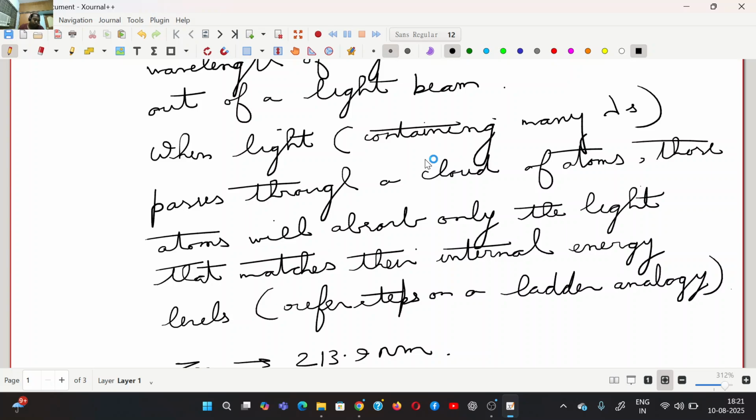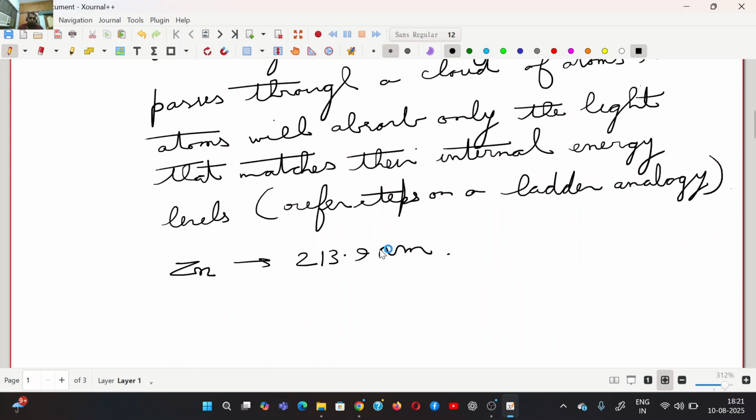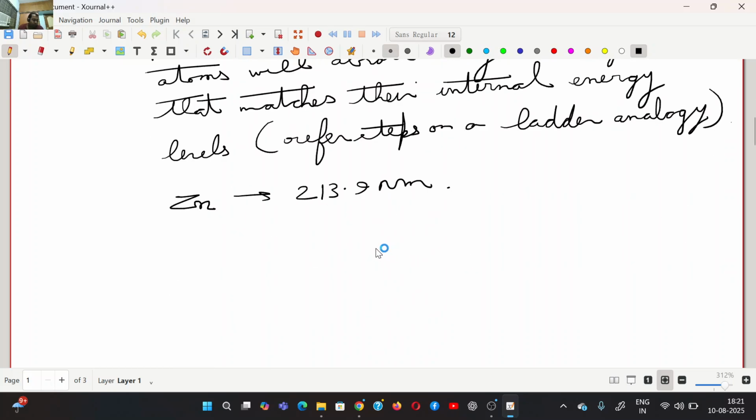The cathode is where reduction happens, that is gain of electrons. The anode is where oxidation happens, that is loss of electrons. If you apply a voltage between the two, electrons will flow from the cathode to the anode, and that will complete the circuit. So this was the first step, the hollow cathode lamp.